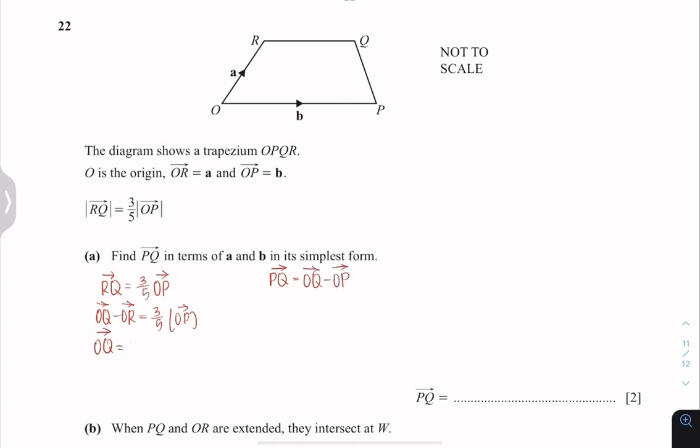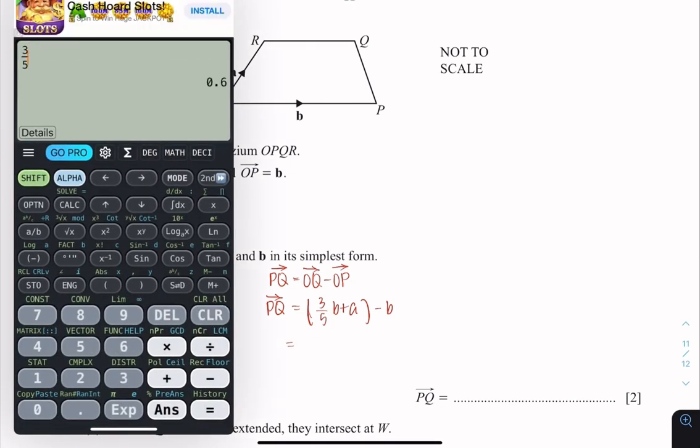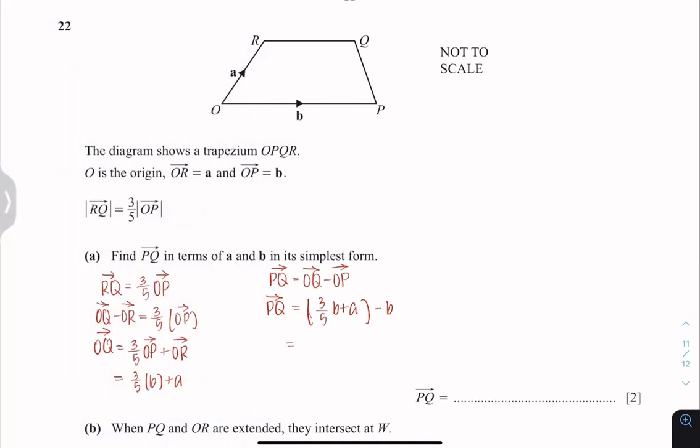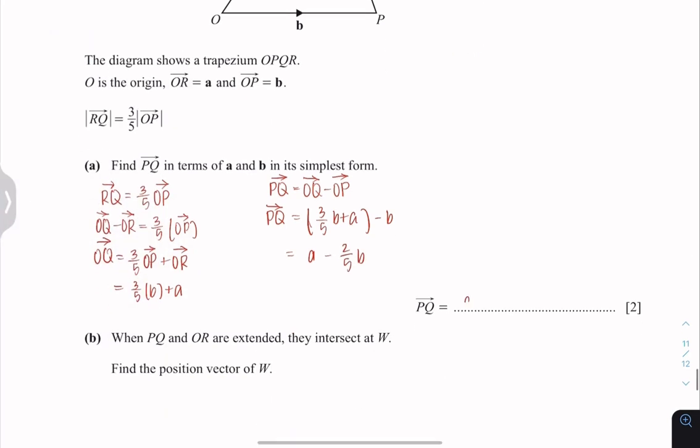So OQ is 3 over 5 OP plus OR. Now that leads to 3 over 5 B plus A. Hence PQ is 3 over 5 B plus A minus B. 3 over 5 minus 1 is negative 2 over 5, so our final answer is A minus 2 over 5 B.